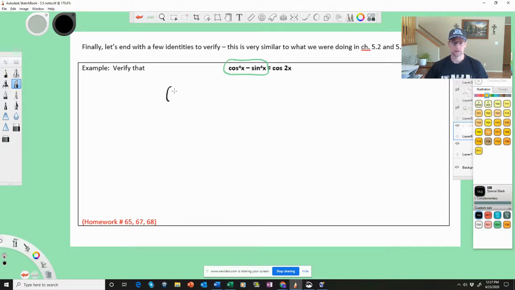So let's factor it. So this will be the cosine squared of x plus the sine squared of x times the cosine squared of x minus the sine squared of x. And that will equal the cosine of 2x. So I just factored this as a difference of squares.